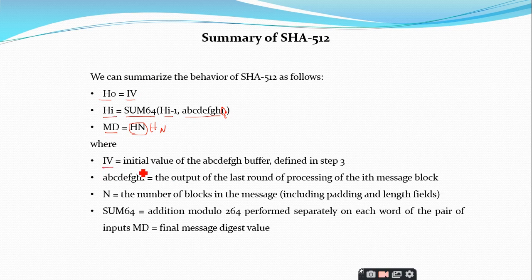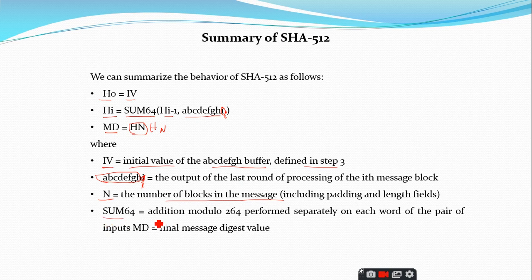where IV stands for the initial value of the A B C D E F G H buffer. It is defined in step 3. A B C D E F G H with subscript i is nothing but the output of the last round of processing the ith message block, and n represents the number of blocks in the message.